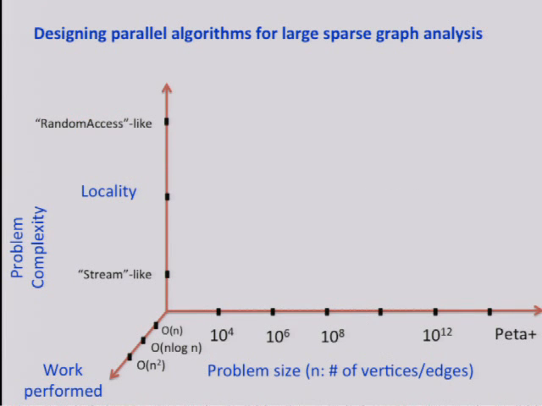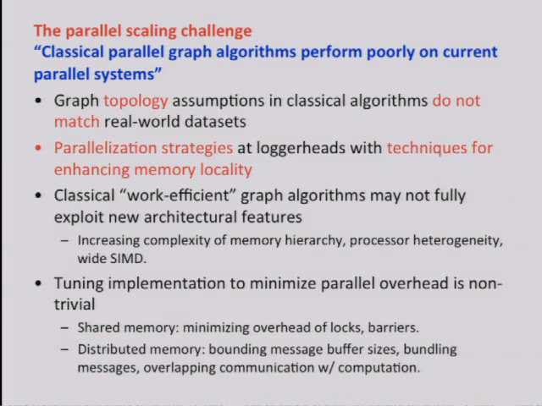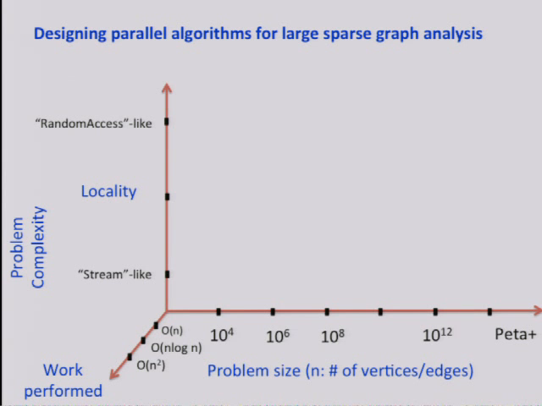So designing parallel algorithms, this is a kind of a space. We have different algorithms. Some of them run in quadratic time, some of them run in linear time, some of them run in n log n time. We have different problem sizes. And really, our accesses can be as good as stream-like, like linear over the memories, or as bad as random access, like every single access is totally random.